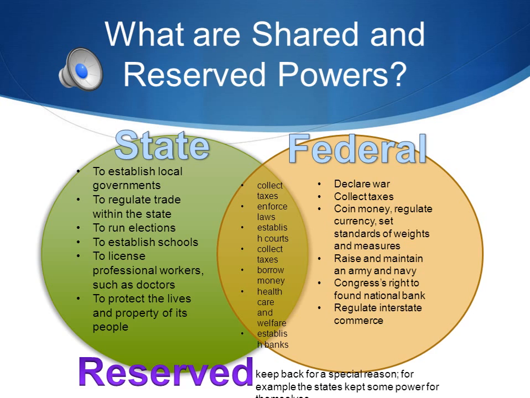It raises and maintains an army and a navy, and it has a right to found national banks or create national banks, and it regulates interstate commerce, meaning trade between states or business activities between states, such as California and Texas. Maybe they want to trade oil and peanuts, who knows.